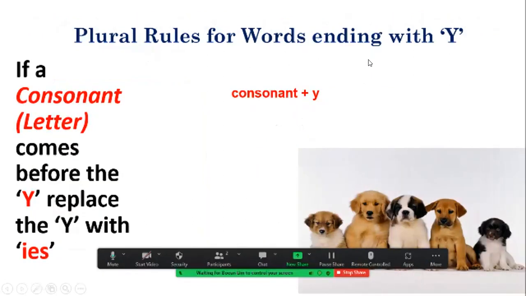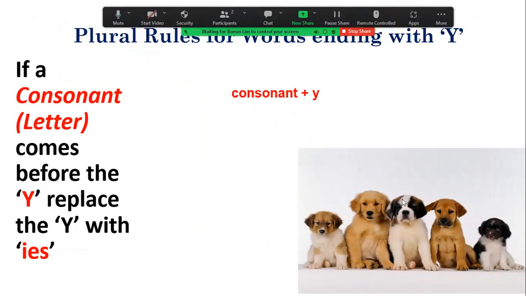For words ending with Y, if a consonant letter comes before the Y, you replace the Y with IES. Like puppy.